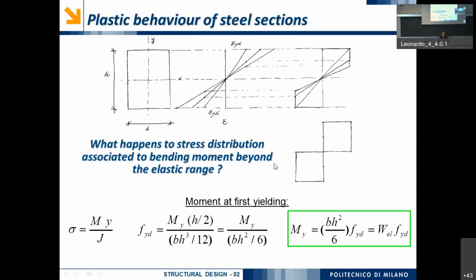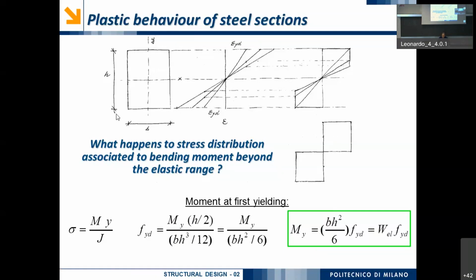Of course, we can easily understand what happens at the limit when the neutral axis is completely flat. We have that the upper part is completely in tension and the bottom part is completely in compression in a stress diagram like this. But the resultant of that stress diagram is very easy to compute, basically.